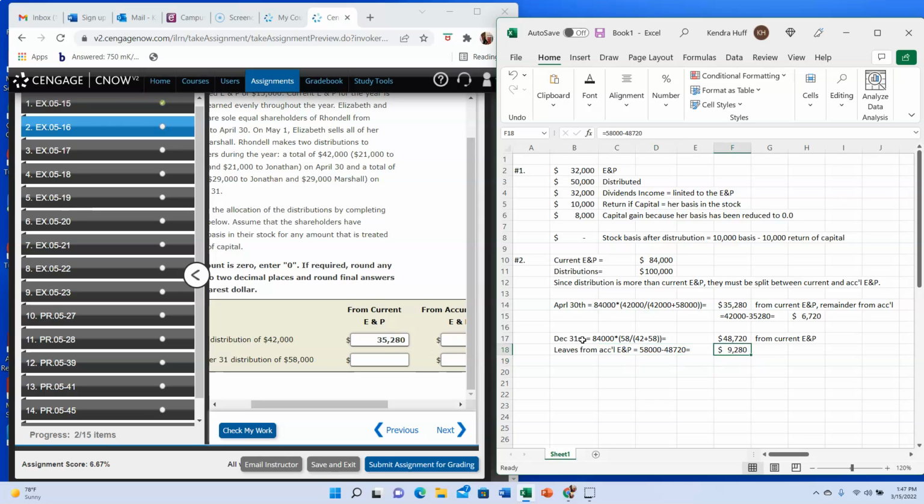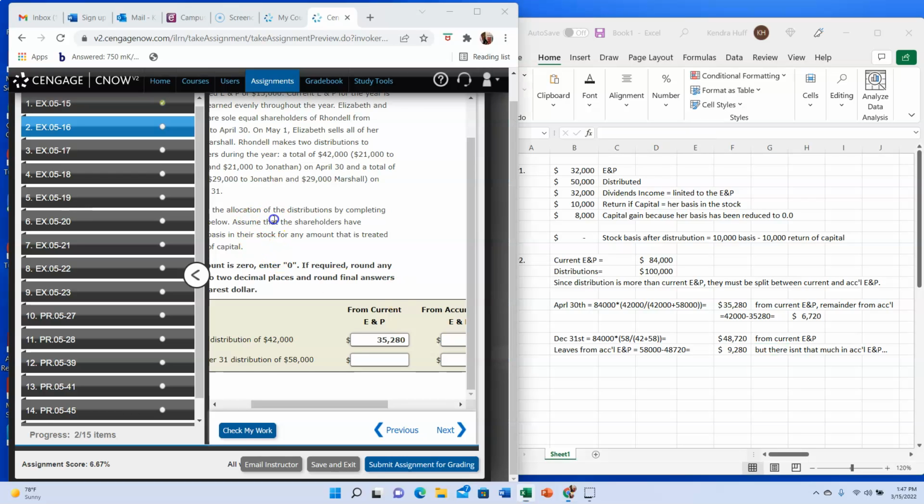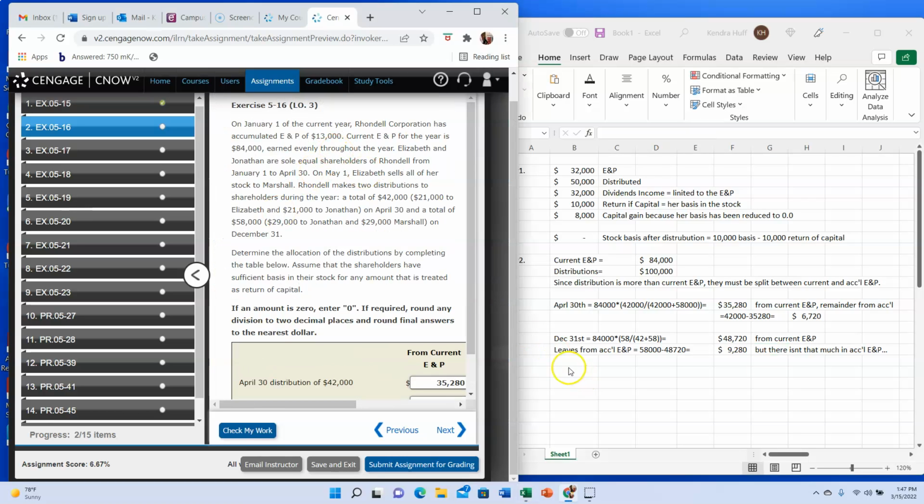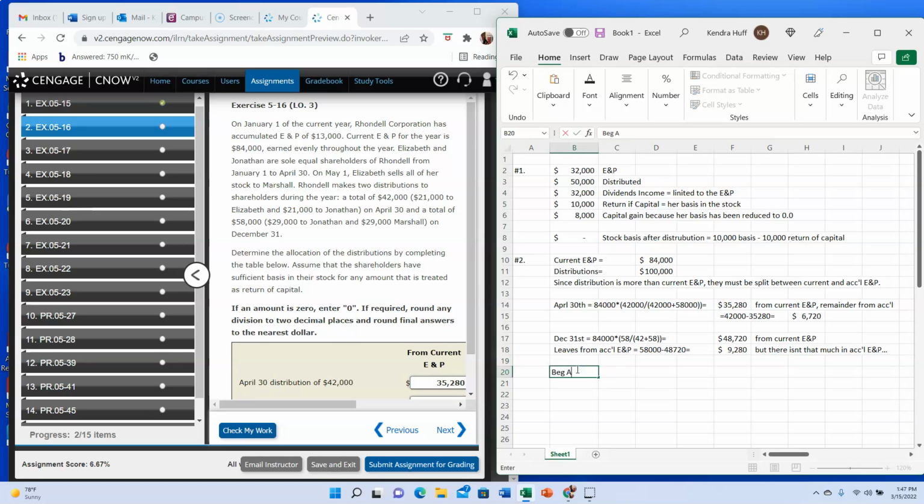Okay, but it would be 9,280 from accumulated E&P, but there isn't that much in accumulated E&P. They started with 13,000 beginning accumulated E&P. From the first distribution, the April distribution, they took out 6,720.